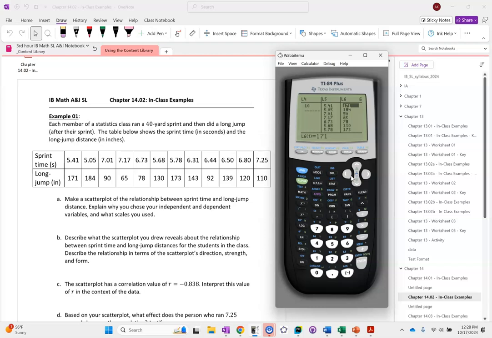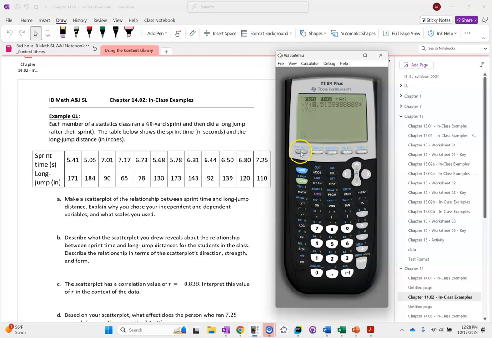I think one is more obvious than the other. Yeah, the faster you are, typically the further you're going to jump. In fact, in track and field, most of the field events boil down to the fastest person in the event usually being the best person in it. Even things like the shot put, as odd as that seems.